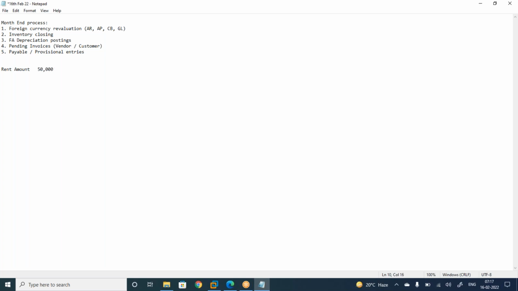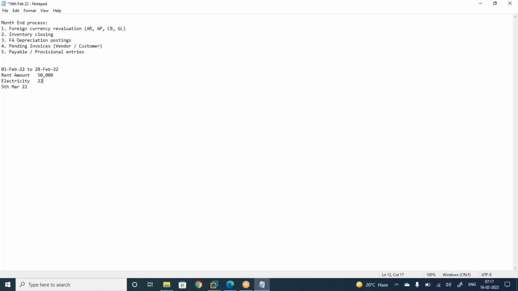This is the rent amount, and I am paying it on 5th of March 2022, but these expenses belong to the February month. Not only this, suppose electricity: I am getting this electricity bill on 5th of March.